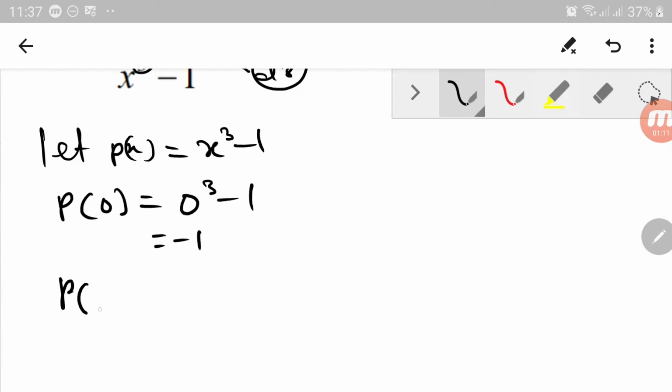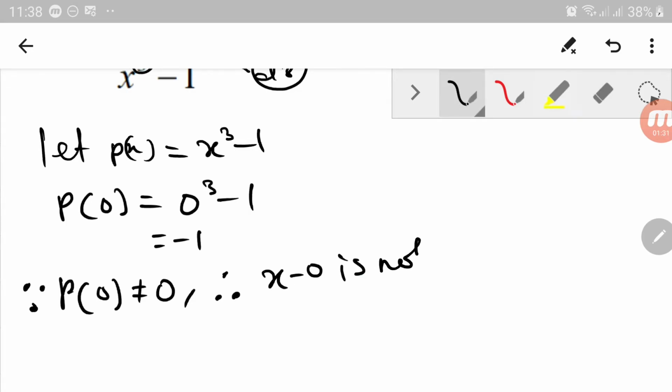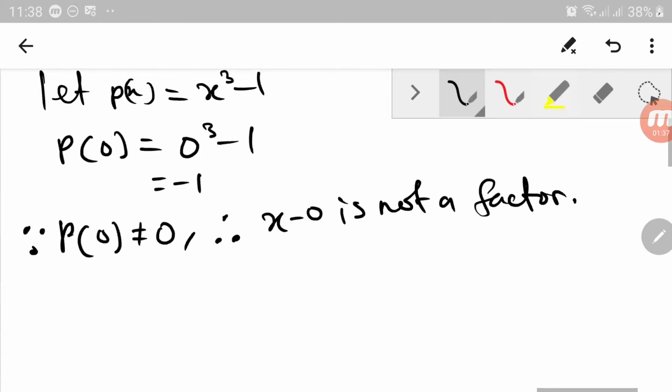So P(0) is not 0. Therefore, x minus 0 is not a factor.